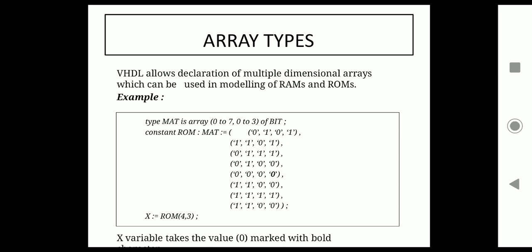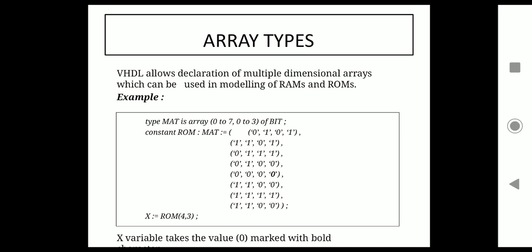Then for the constant array rom, it is of type mat and we have defined its range 0 1, 0 1, whatever you want to specify. In case of rom you can define like x, it is 4 to 0, its range is given. Variable X takes the value 0 marked with bold, that means whatever is marked with bold, that value will be assigned to x.